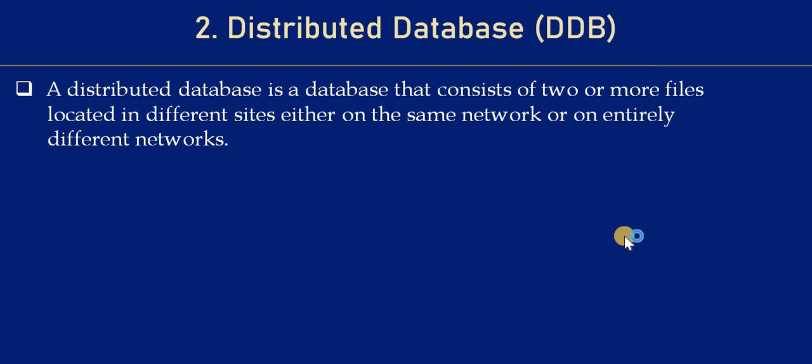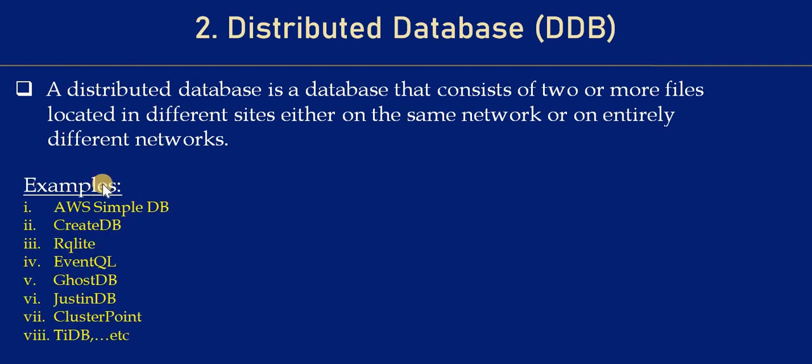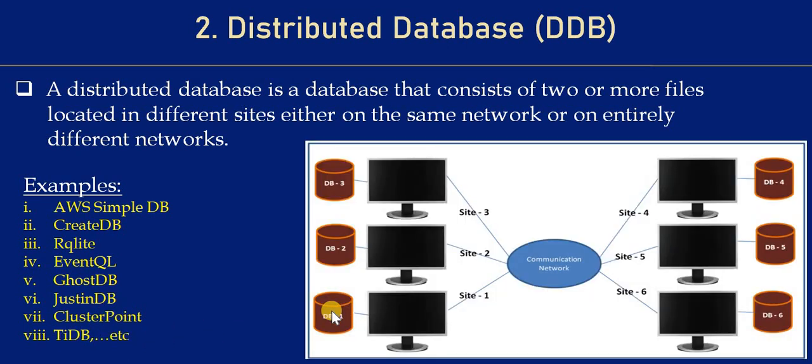Now we'll see distributed database, DDB. A distributed database is a database that consists of 2 or more files located in different sites, either on the same network or on entirely different networks. We have a few examples of distributed database systems: AWS SimpleDB, CreateDB, Arculite, EventQL, GhostDB, JustinDB, ClusterPoint, and TIDB, etc. Here also we can see a communication network.